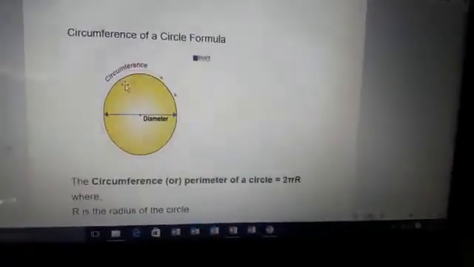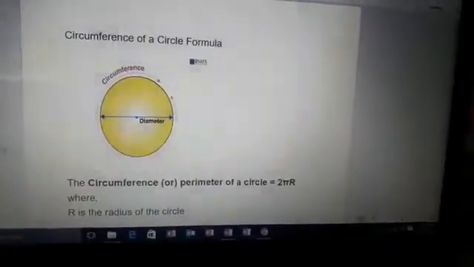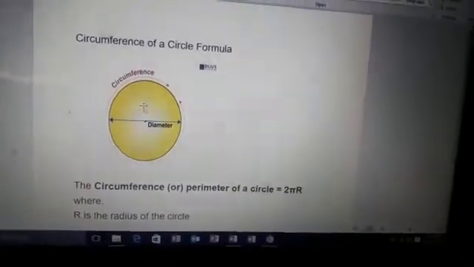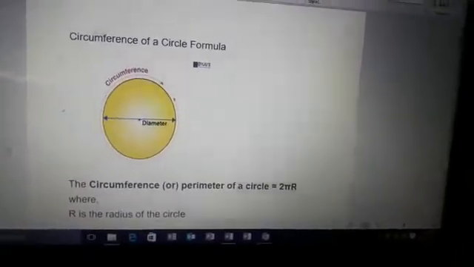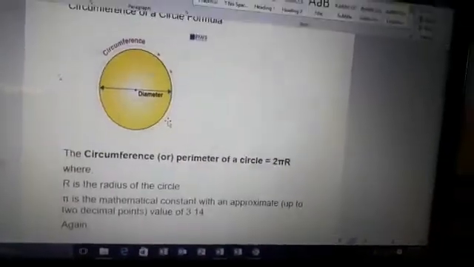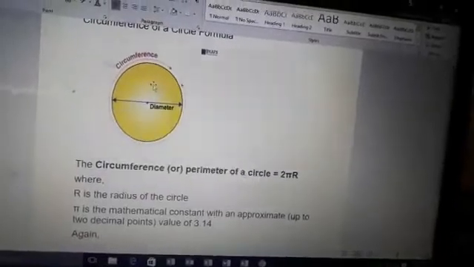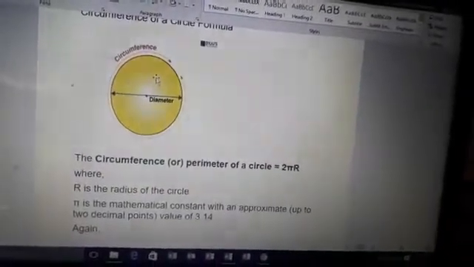So this is all about a circle. Now see how to find the circumference of a circle. I hope you all know about the perimeter. Like this, circumference means the whole perimeter that is covered by the figure of the circle. It is called the circumference.